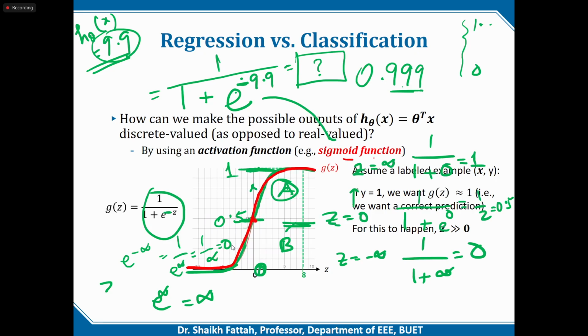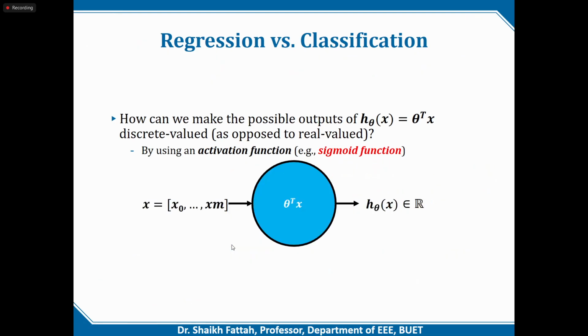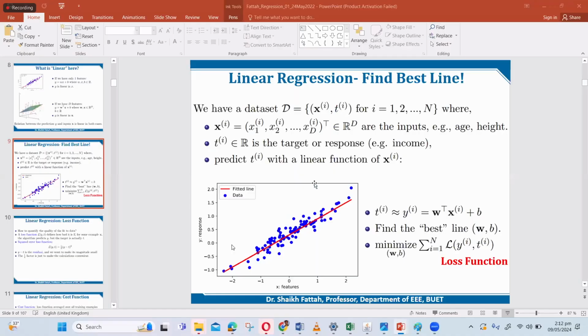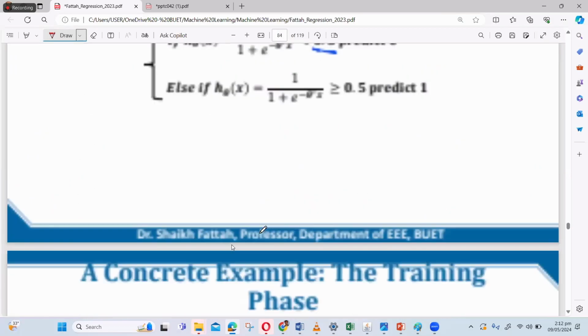This is called the sigmoid function that's being used to transform this prediction into a normalized class. So that normalization will provide us the class level. So we can easily predict the final class.